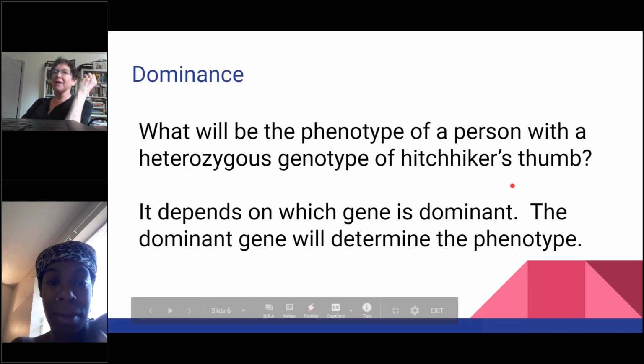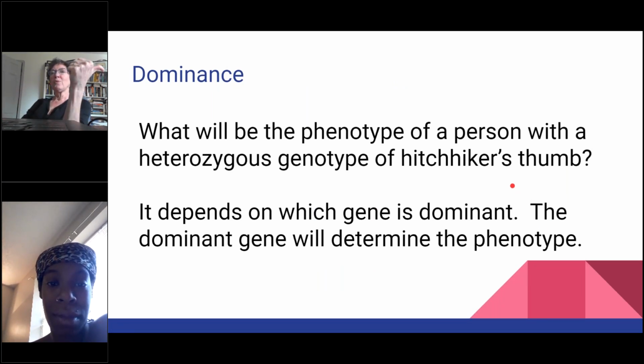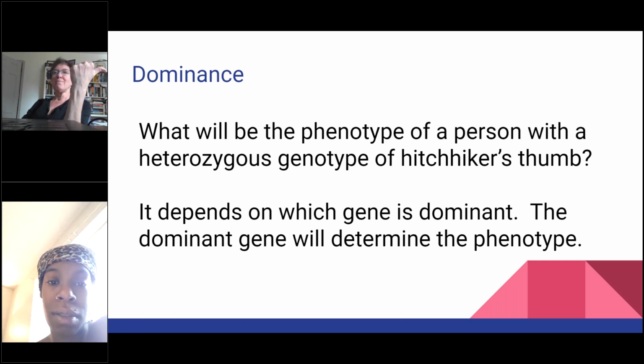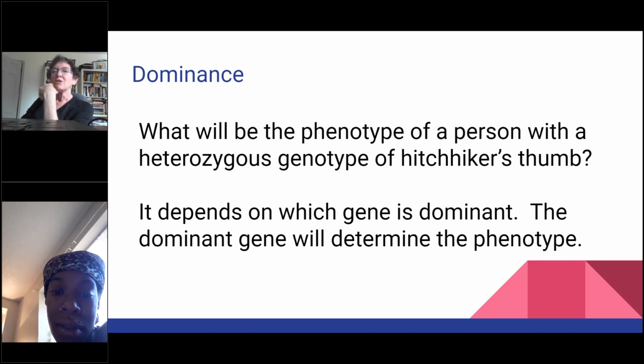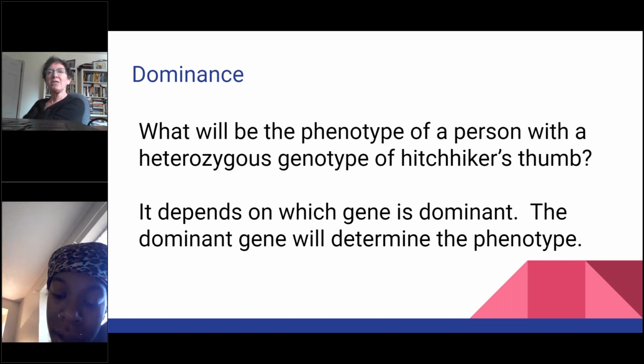So the question is, what would be the phenotype of a person with a heterozygous genotype of hitchhiker's thumb? We're actually going to show you this in a Punnett square. So it depends on which gene is dominant. The dominant gene will be the phenotype.